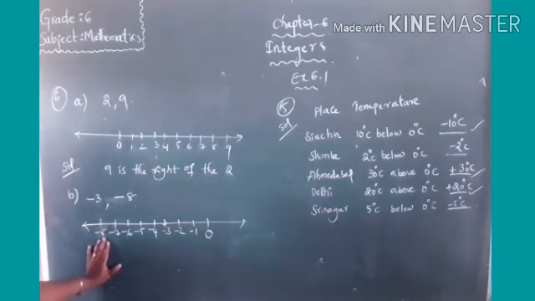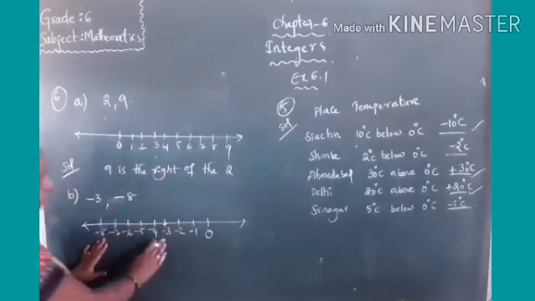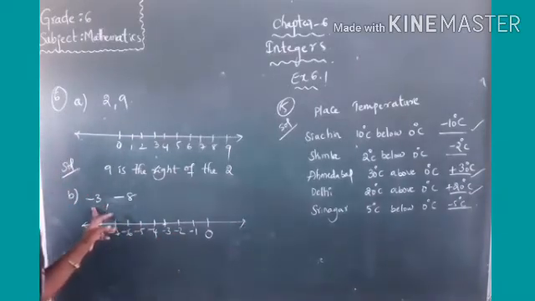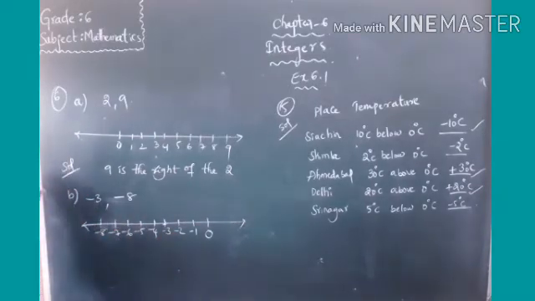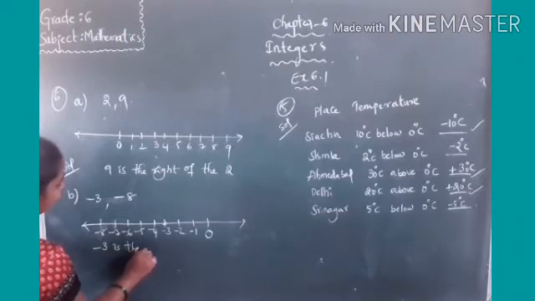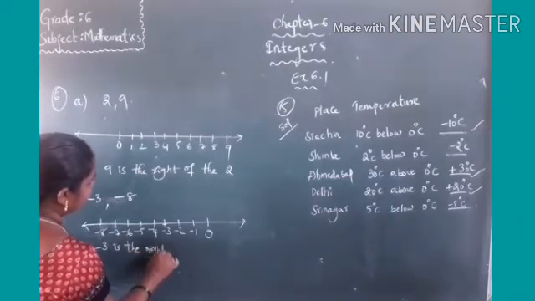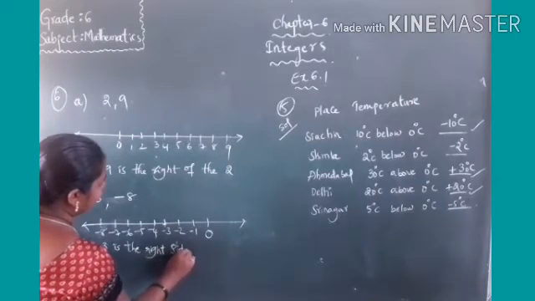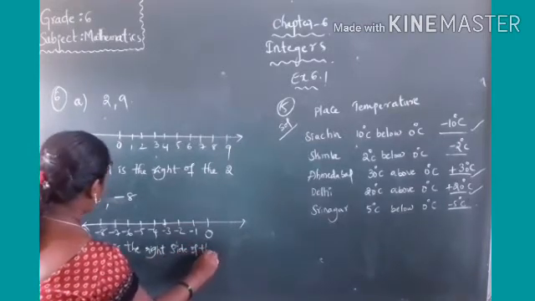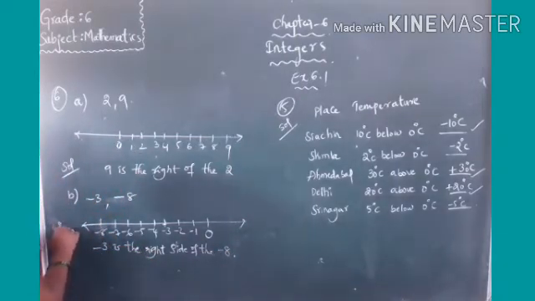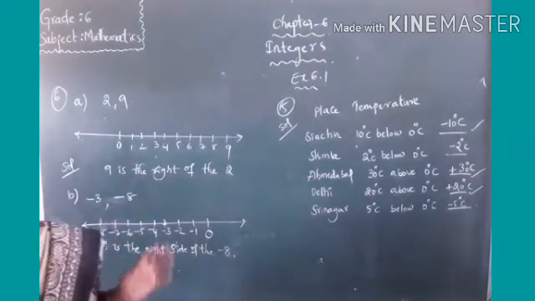Minus 8 is on the left side, minus 3 is on the right side. So minus 3 is to the right of the integer minus 8. Okay, children, is it clear?